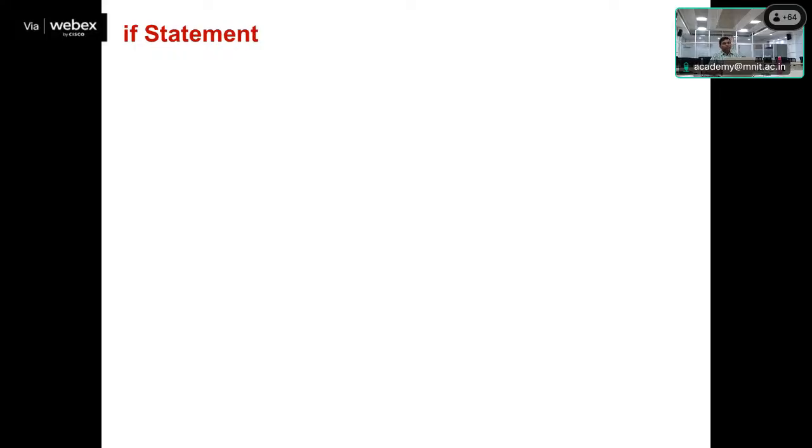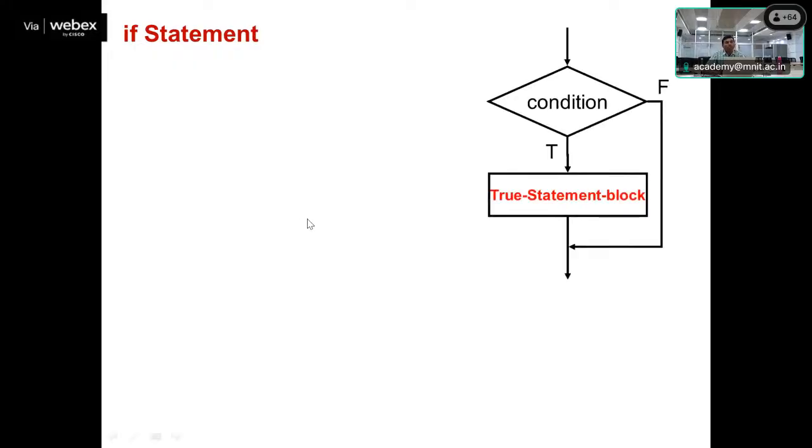So let us take the first flavor of decision making statement available in Python, that is the if statement. The if statement tells you whether the given option can be performed or not. So we have only one option. That option either we can perform or we cannot perform.